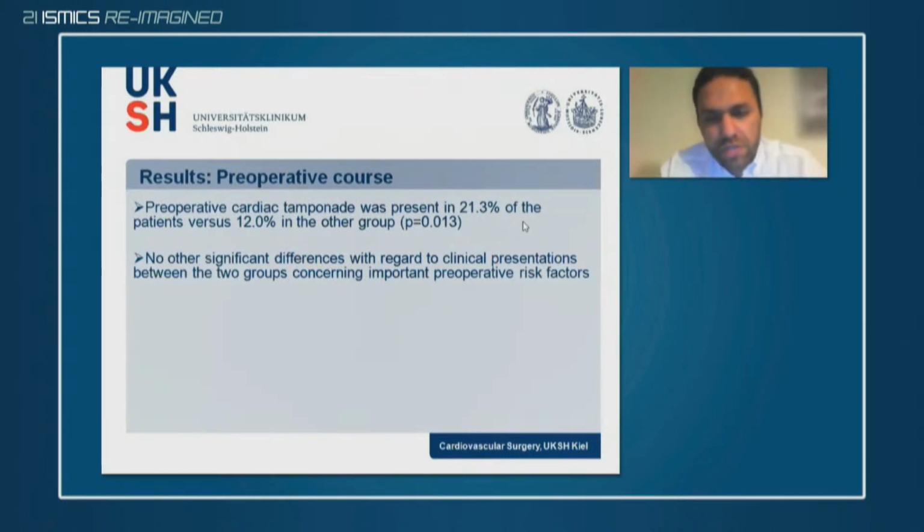We tried to match both groups so that there is no significant difference regarding the clinical presentation and the preoperative risk factors. The patients with our technique are represented with more cardiac tamponade, about 21% versus 12% in the other group.